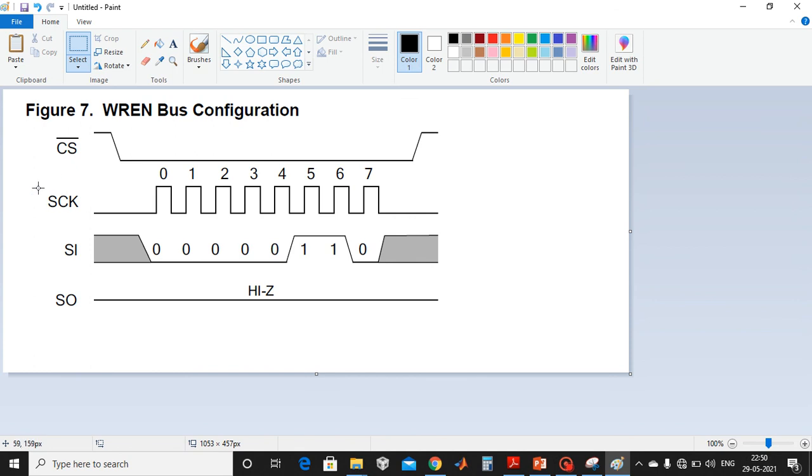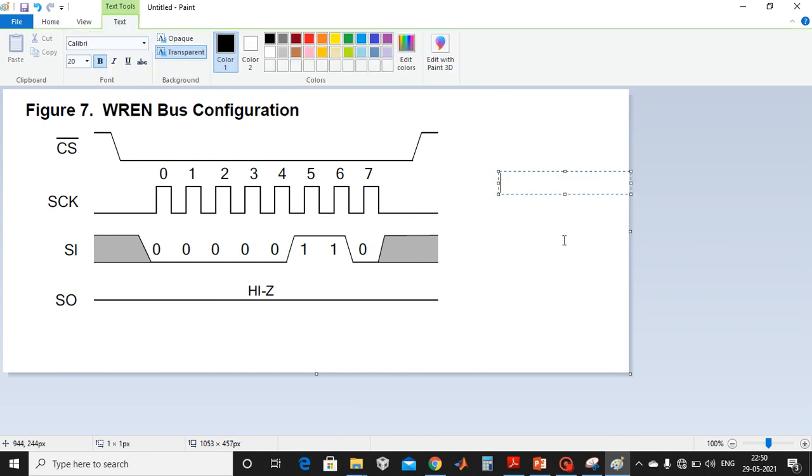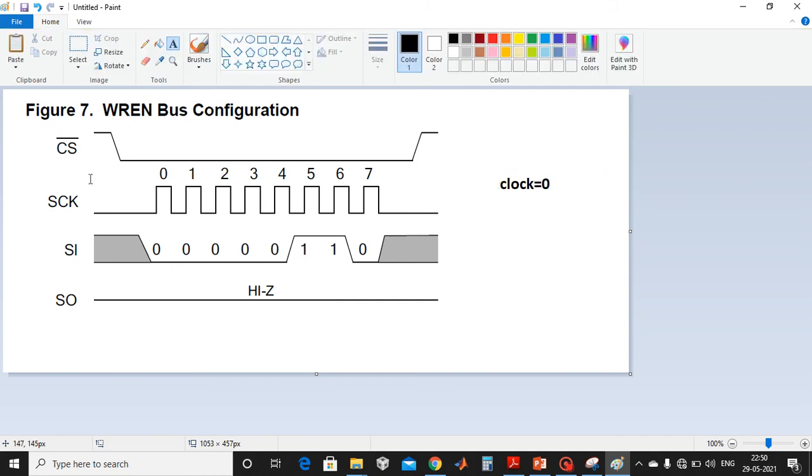So this device is supporting clock equal to 0. So we have extracted our first important information: our master needs to be configured with clock as 0.